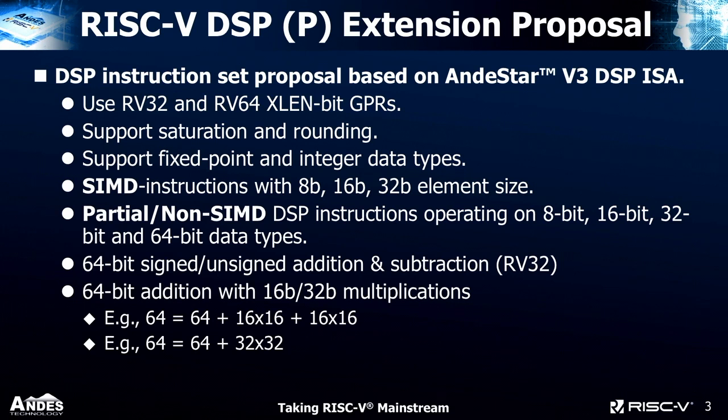There are also some partial SIMD and non-SIMD instructions operating on 8-bit, 16-bit, 32-bit, and 64-bit data types. For RV32, it has 64-bit signed and unsigned addition and subtraction instructions, and it also includes 64-bit addition with 16-bit and 32-bit multiplication reduction instructions.